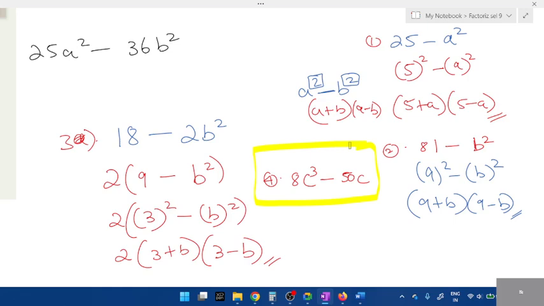8 c cube is given, and on the other side we have only c. Try to take out the common value.